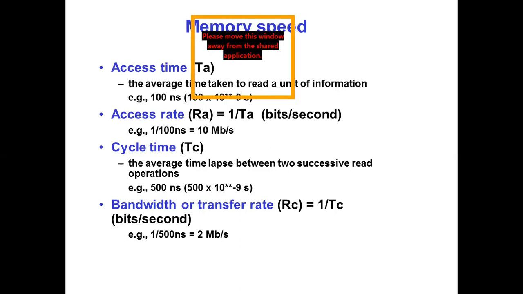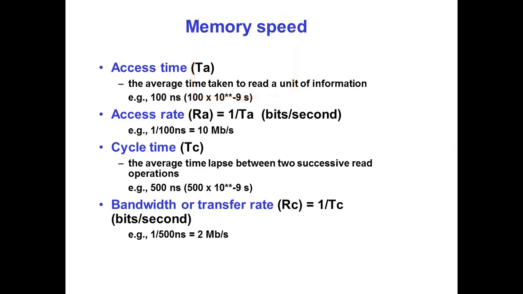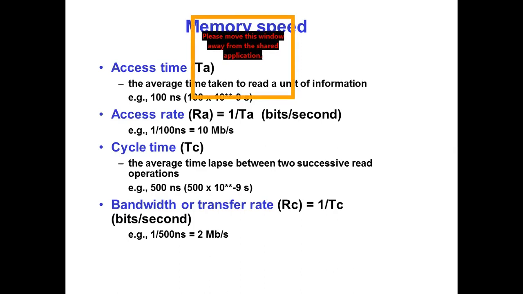Now, if we are aware of the access time, then we can calculate the rate and the cycle time TC. We can also calculate the bandwidth or the transfer rate, RC. RC is equal to 1 upon TC, and the unit is again bits per second.